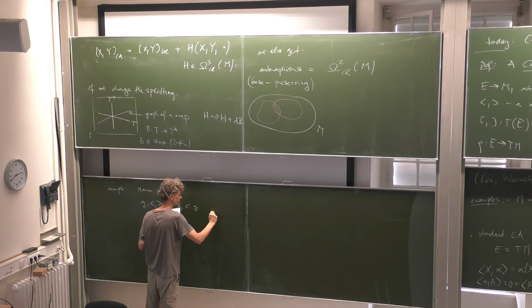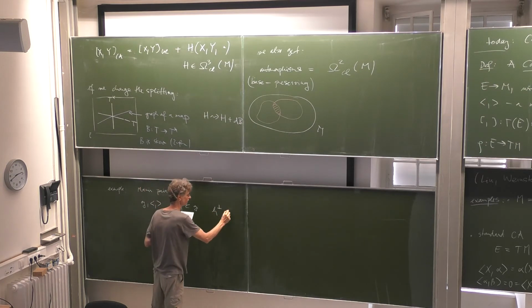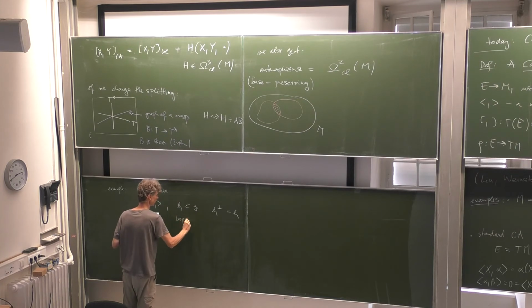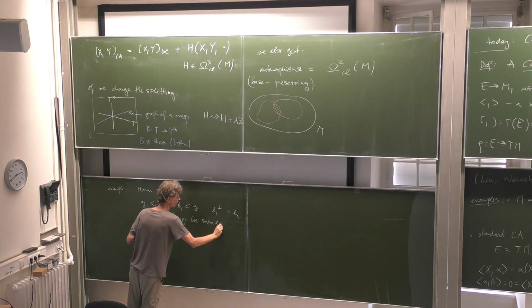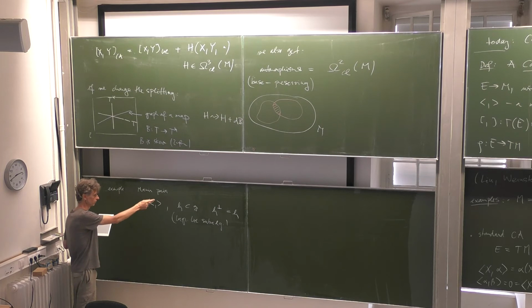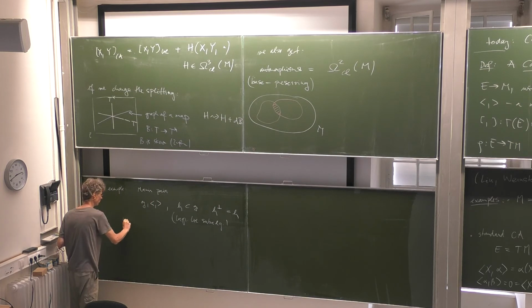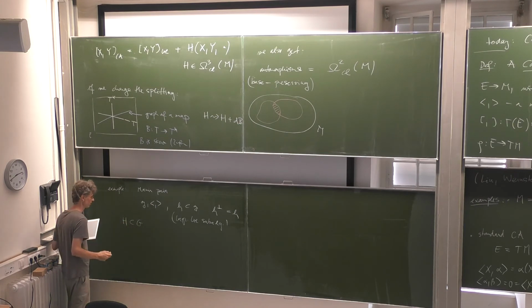Lagrangian means that if we take the orthogonal of h with respect to that pairing, then it's equal to h. Now, let's imagine that we find the corresponding groups and suppose that H is a closed subgroup, so things are all okay.